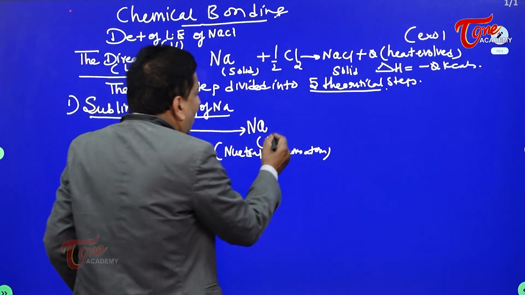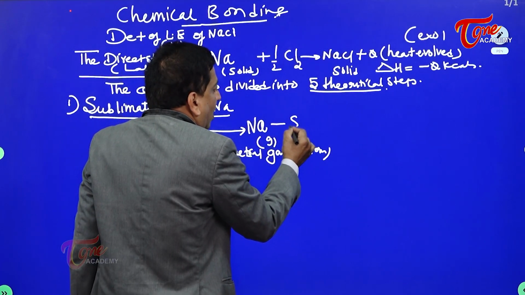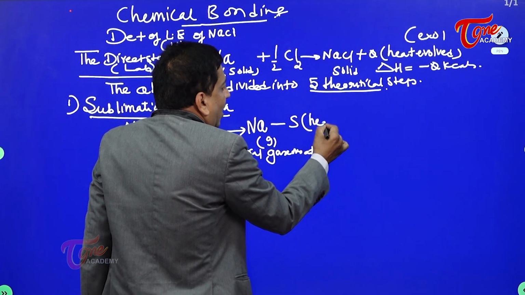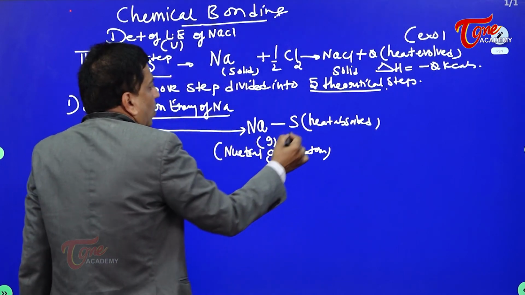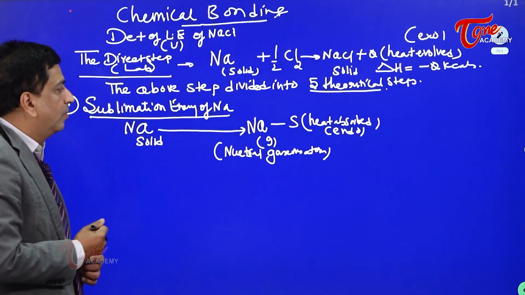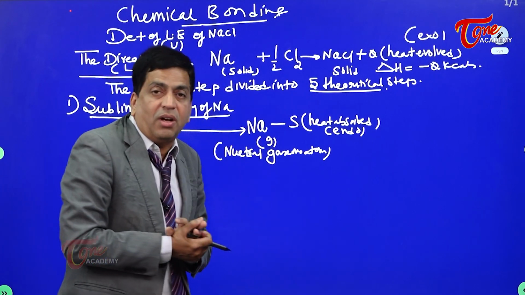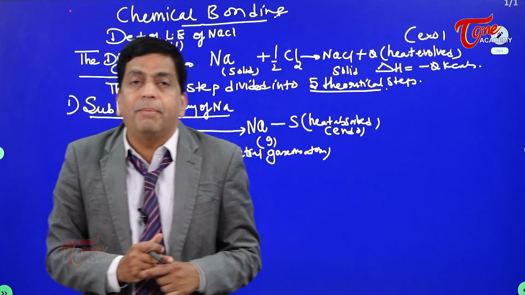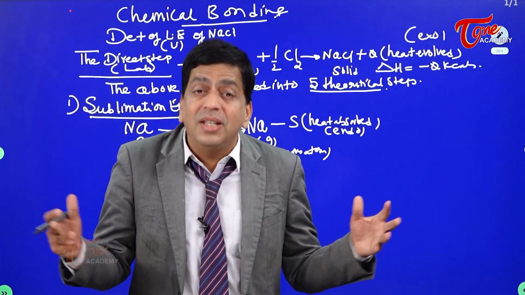So it's basically, I can simply say minus S, and this is heat absorbed. And this is endothermic. It's basically endo. So within the equation, if you put a minus sign, that indicates it's an endothermic reaction and heat is absorbed.